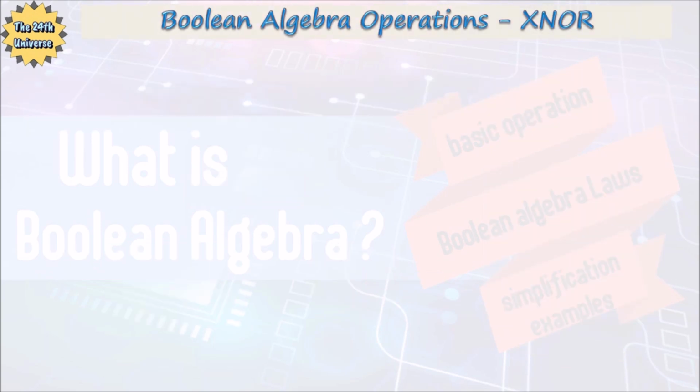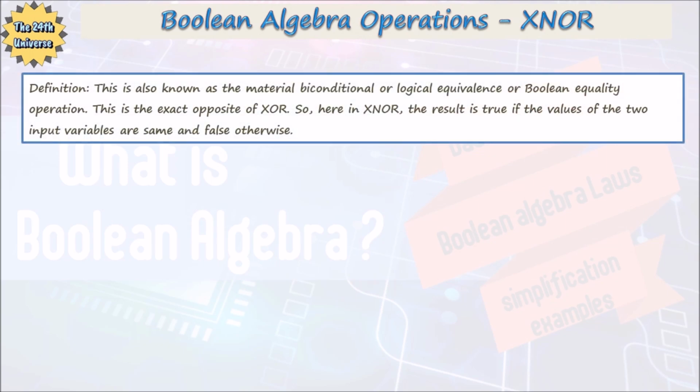Next, we shall see the XNOR operation. The XNOR operation is also known as the mathematical biconditional or logical equivalence or Boolean equality operation. This is the exact opposite of XOR.